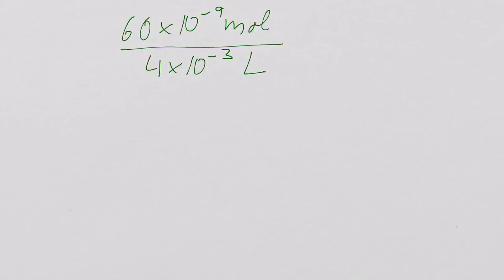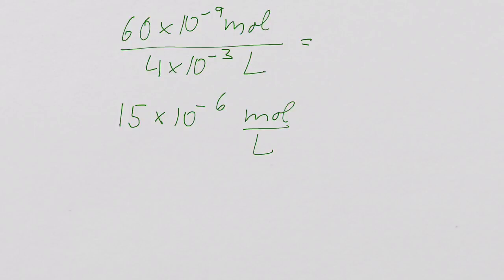And I want the concentration, and we said concentration is mole per liter. So all I need to do now is 60 times 10 to the minus 9 divided by 4 times 10 to the minus 3. So that gives me 15 times 10 to the minus 6 mole per liter. Have I done that right?